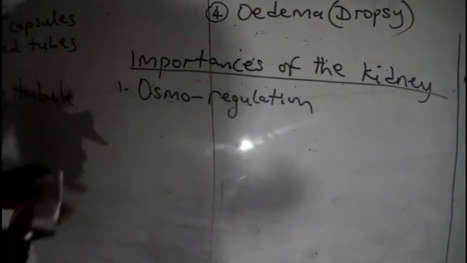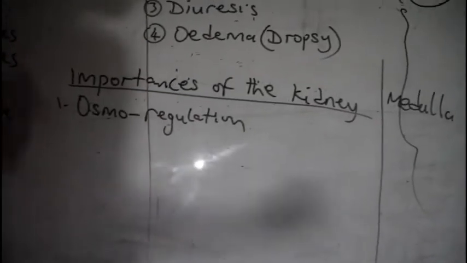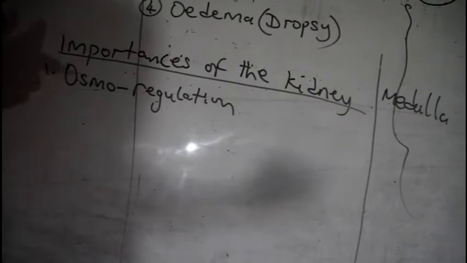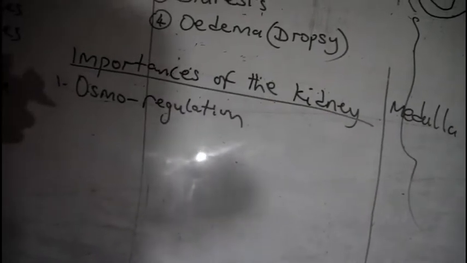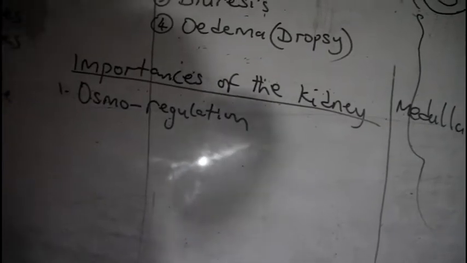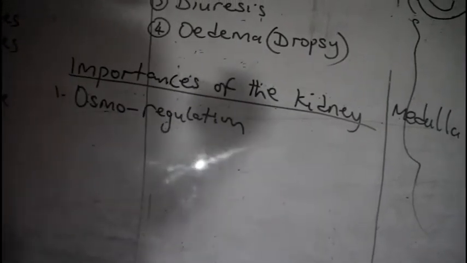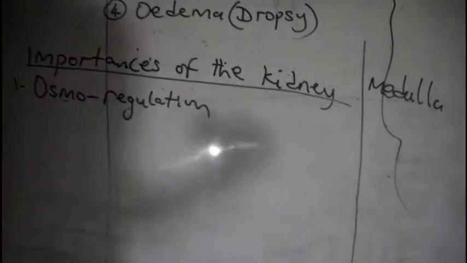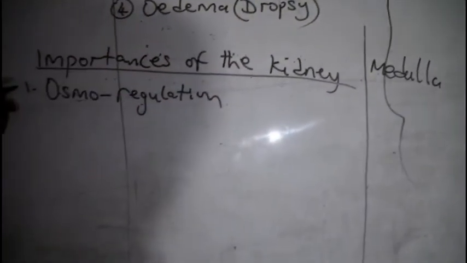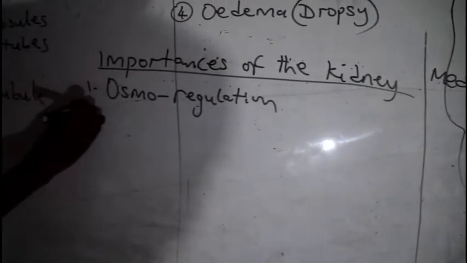In this form, when the body is having too much water, especially in the blood, the kidney secretes radicals that reduce the excess. That is why when you drink too much water, you discover that your urination rate will be high. Because at that point, the blood contains so much water and the kidney will remove it. That process is called osmoregulation.